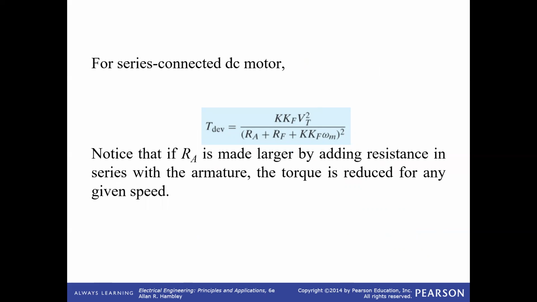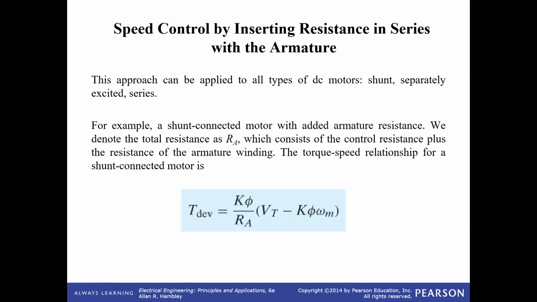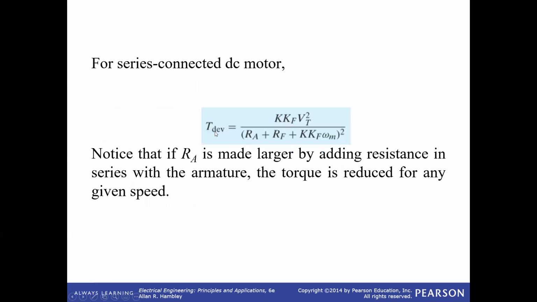Okay, and also I would like to mention again here for resistance control, it can be applied for all DC motors. For example, shunt, separately excited, and also series. Okay, and this is for the shunt, and this is for series.